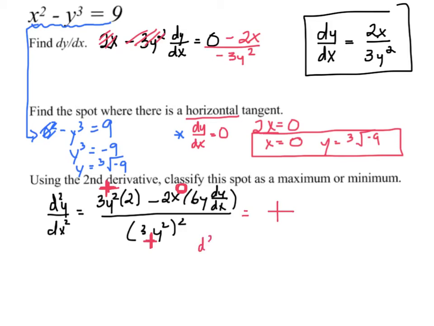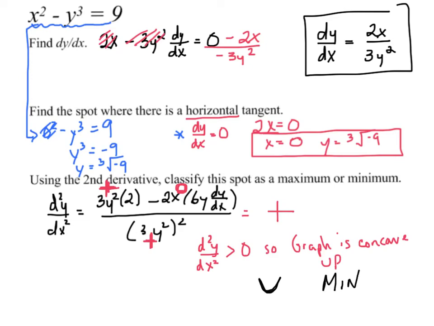So the second derivative is greater than 0. So the graph is concave up. If I tell you that something is concave up at its critical point, think about the shape of concave up, right? Here's concave up. It must have a minimum.